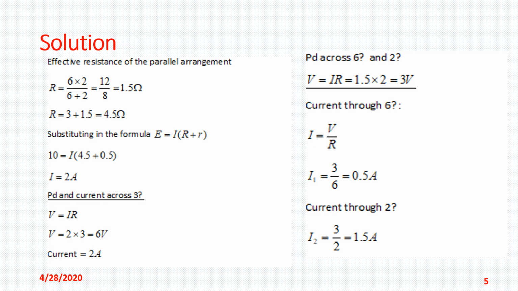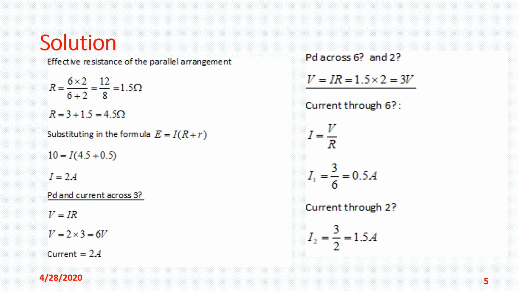And so the PD is also equal to the current of 2 multiplied by the effective resistance of those two resistors. And therefore effective resistance is 1.5 ohms. So 1.5 times 2 gives us 3V. So the PD across them is 3V.